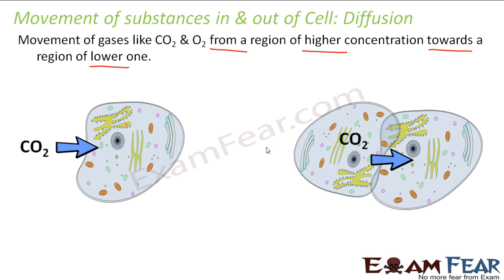So in this case what will happen? Carbon dioxide will flow from the region of higher concentration towards the region of lower concentration. The blue arrow shows us the direction of diffusion, in which direction CO2 will diffuse. In this case, the plasma membrane will allow the carbon dioxide to move only along this direction.